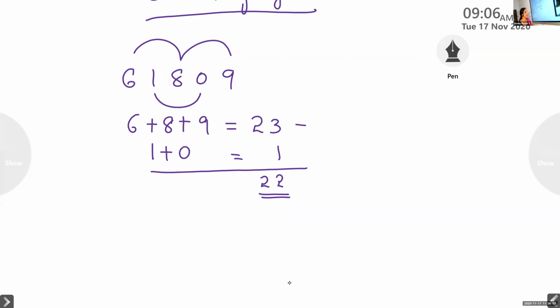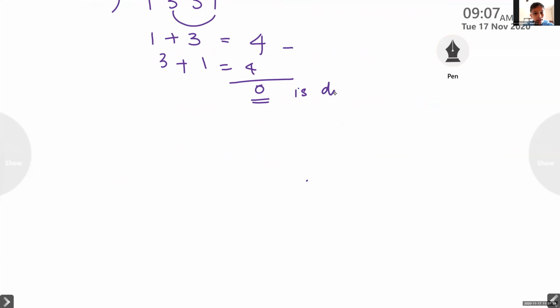Again, 3 plus 1, that also is 4. And you subtract it. 0. You should get 0. So it is either a multiple of 11 or 0. So it is divisible by 11.